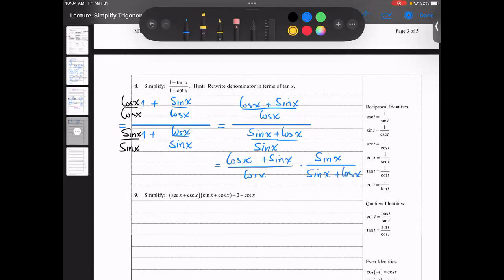Cosine x plus sine x is the same thing as sine x plus cosine x, so they cancel. It's like having x plus y over y plus x. So sine x over cosine x is tangent x.